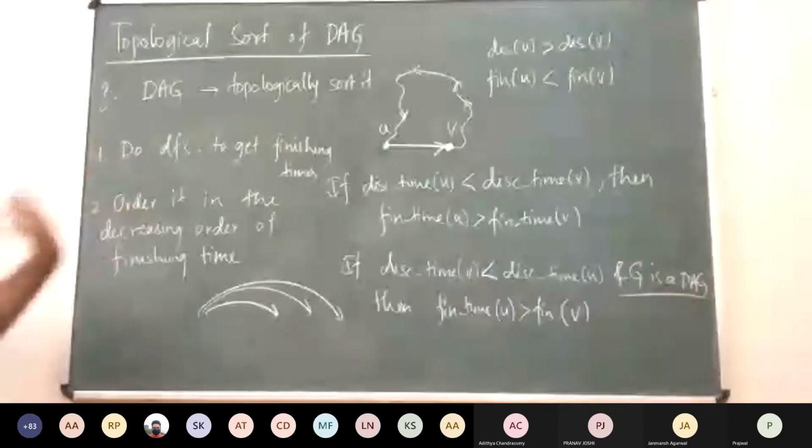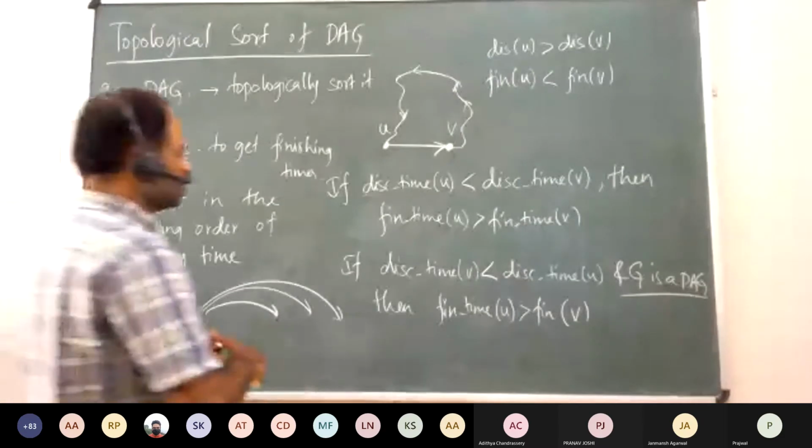So what does this tell us about the relationship between two vertices which are connected by an edge in a DAG?